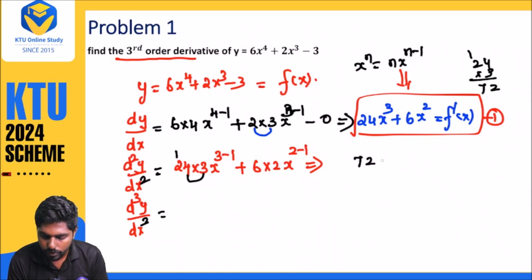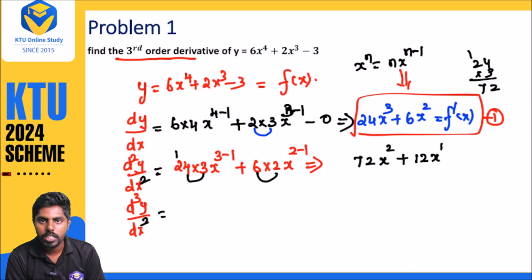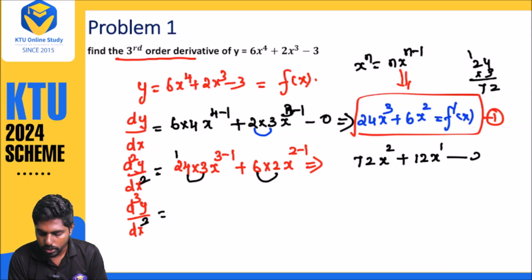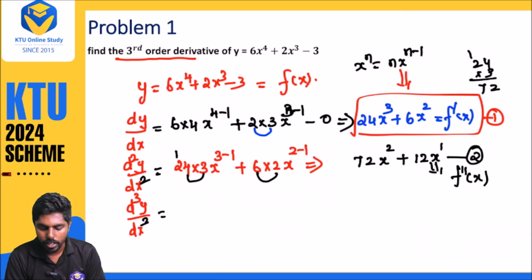So we get 72 x square plus 6 2s are 12, so 12 x power 1. This is equation number 2, and we can also say it is f double dash of x.